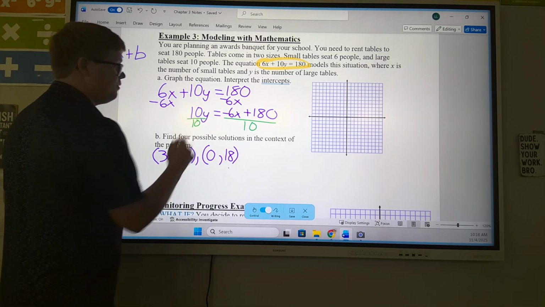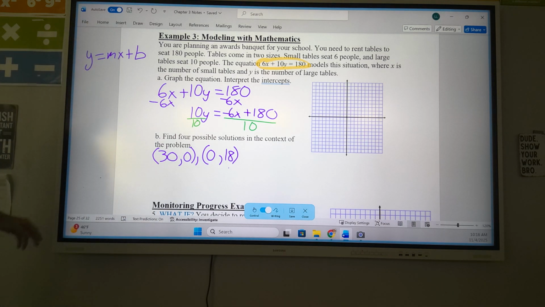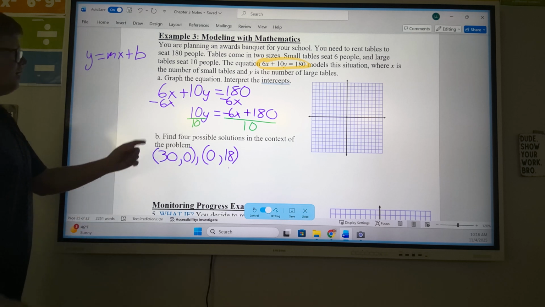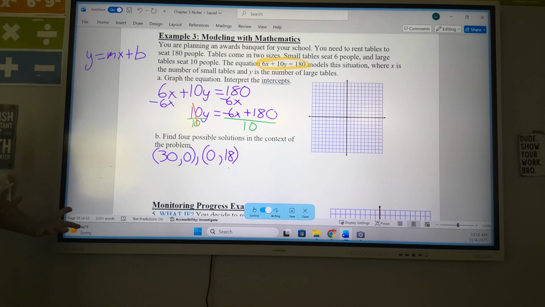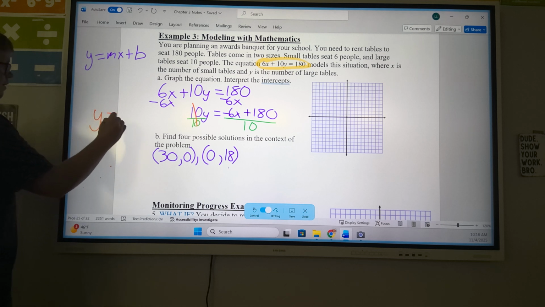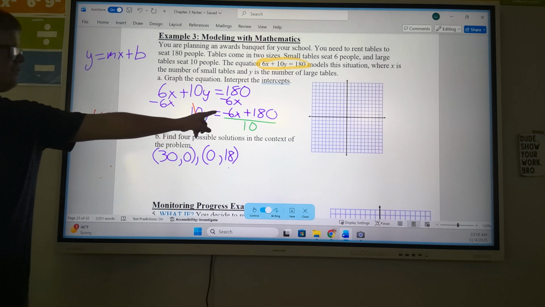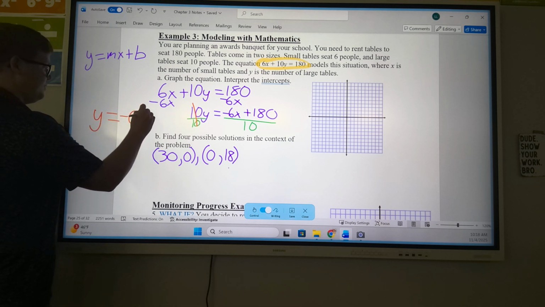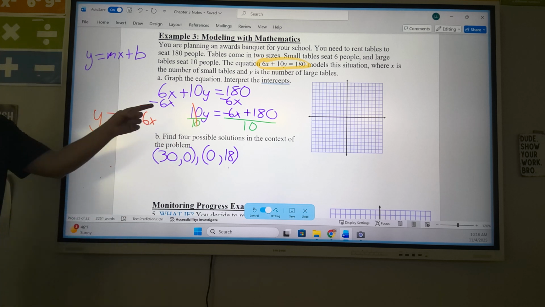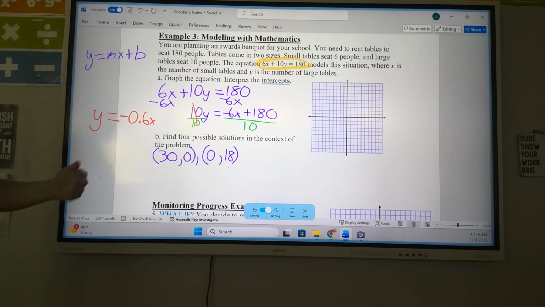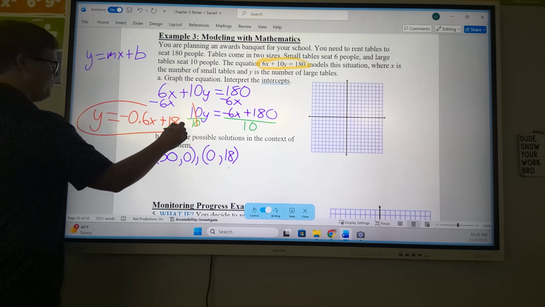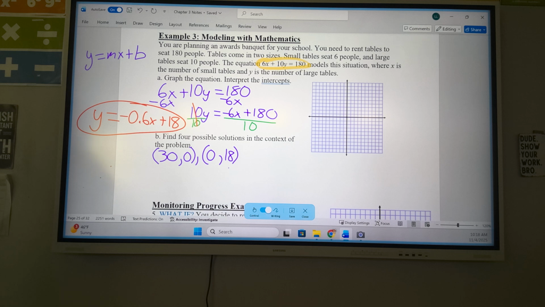That means we have to divide both these by 10. So our slope-intercept form equation is going to look like this. So 10's eliminate, we have y by itself, right? Negative 6 divided by 10 is negative 0.6x. And 180 divided by 10 is 18, so plus 18.